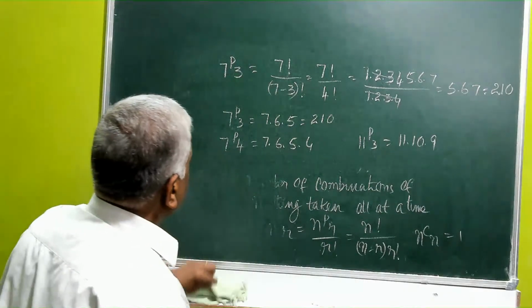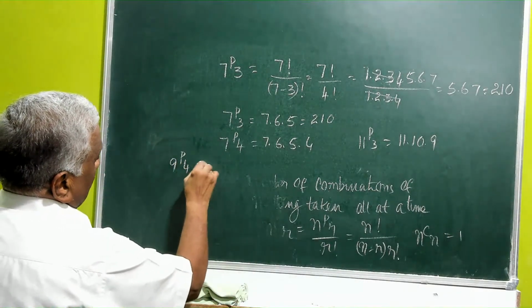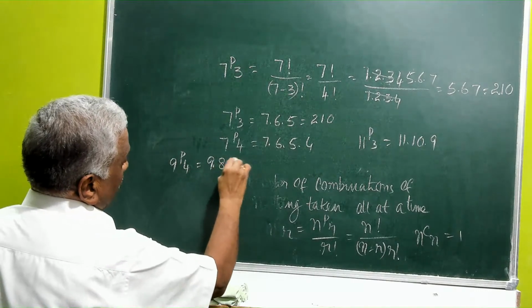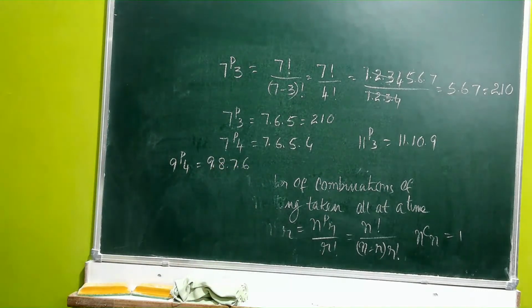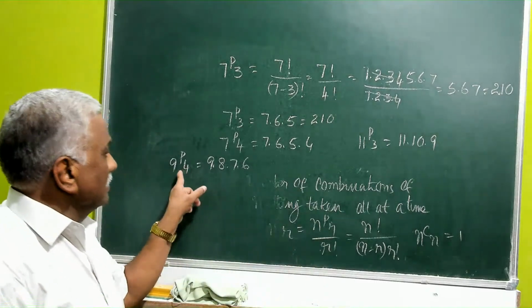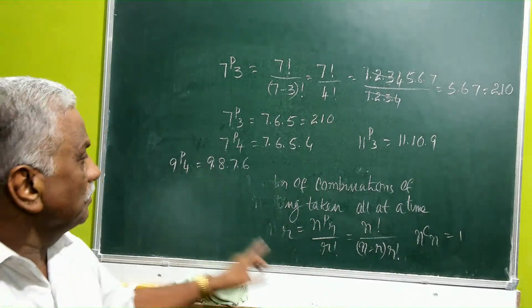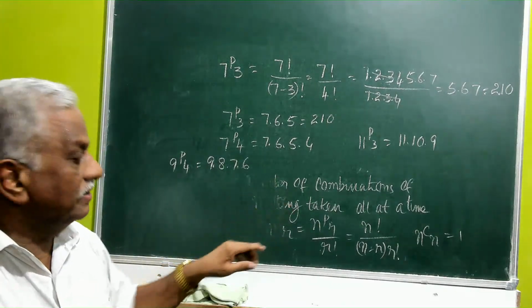Now I want 9P4. It is 9 into 8 into 7 into 6. So just remember, if it is 9P4, you have to write 9 backwards 4 times. Suppose it is 9P5, you will write one more term.